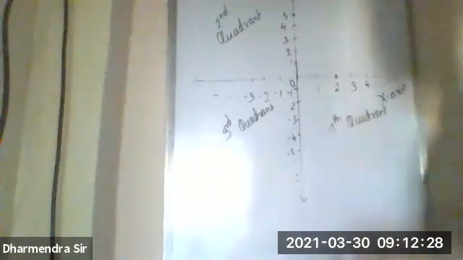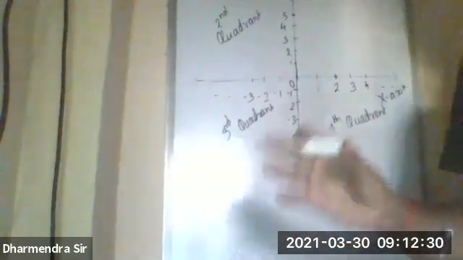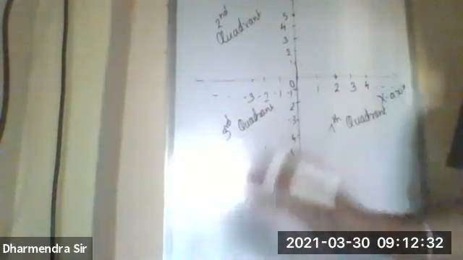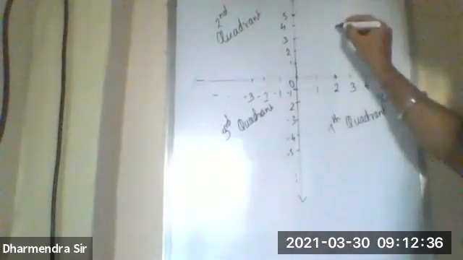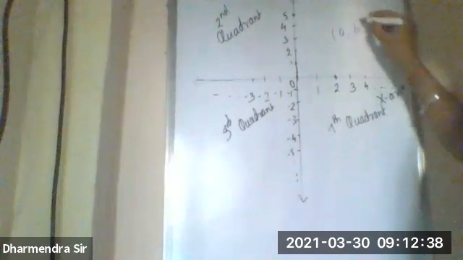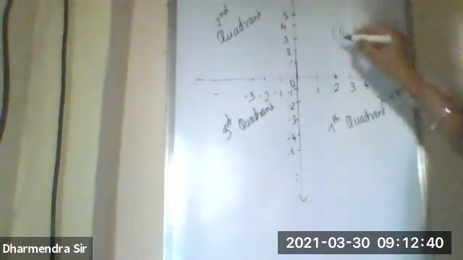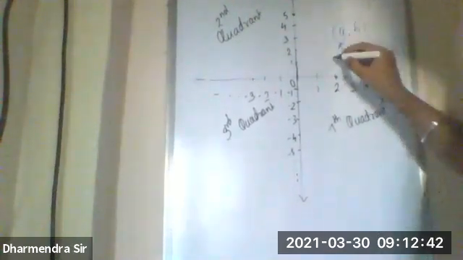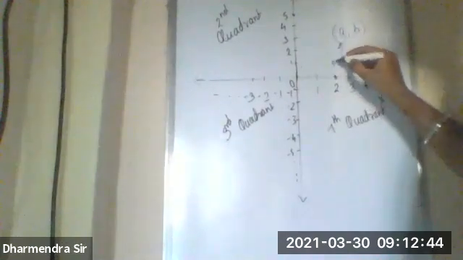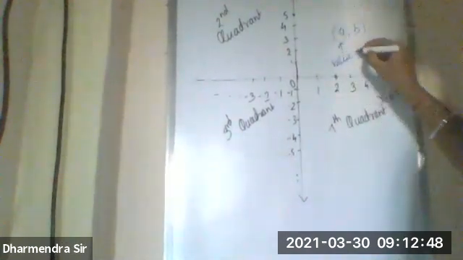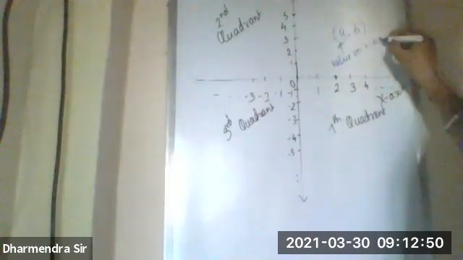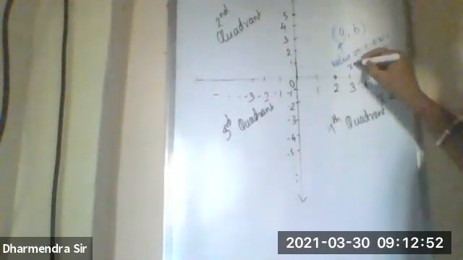Now, an ordered pair, in the sense of points, has two numbers, say a comma b. Always the first number, this a, represents the point or value on the x-axis. We call it the x coordinate.